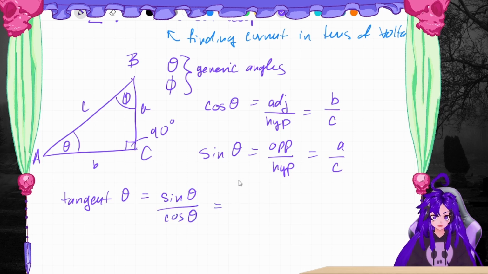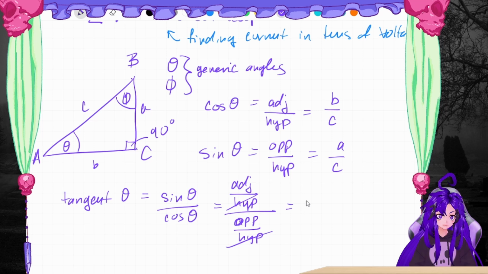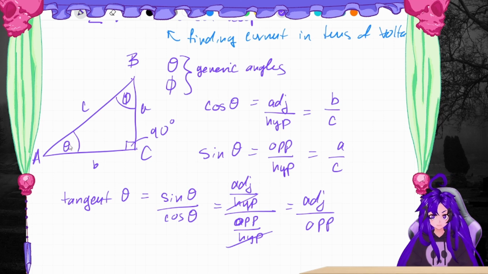Which makes it come out, so, trig stuff. It always comes down to weird trig stuff. The hypotenuses cancel because they're inverted. And so we end up with the opposite over the adjacent. So if this is theta, this is the adjacent, this is the opposite.